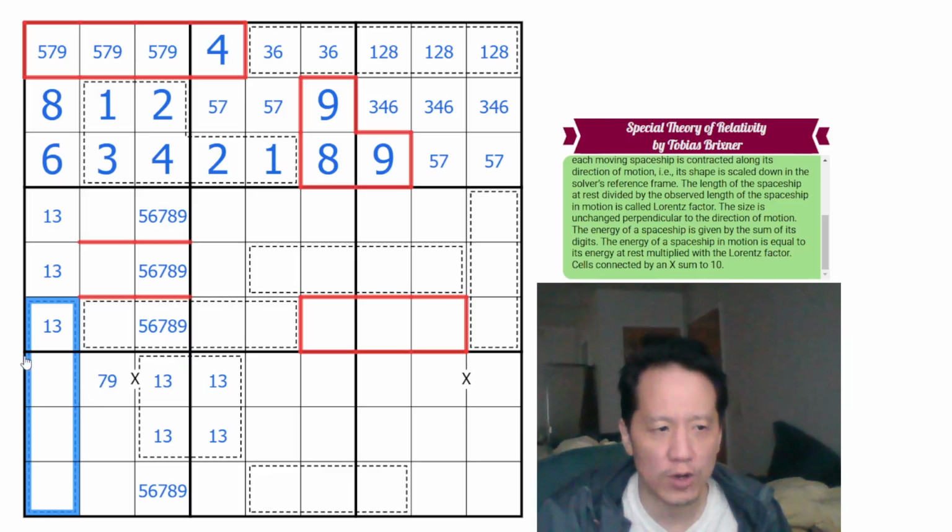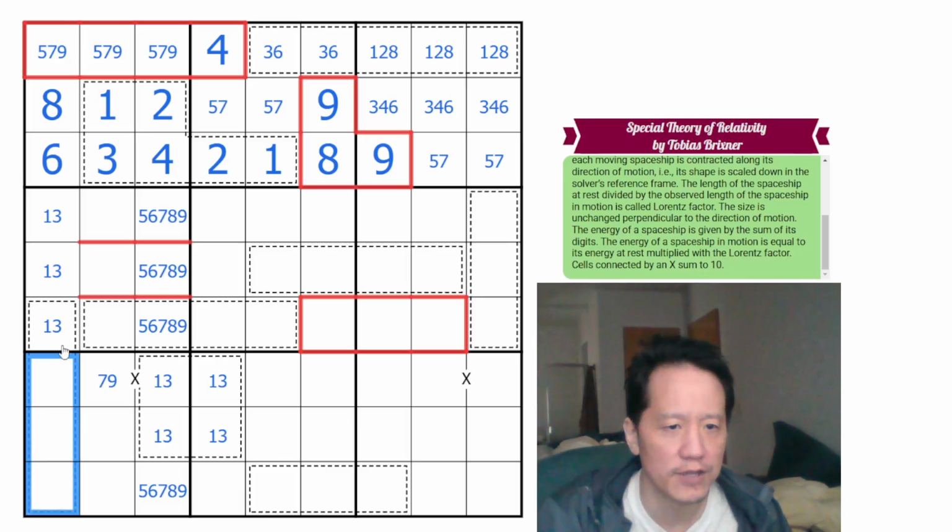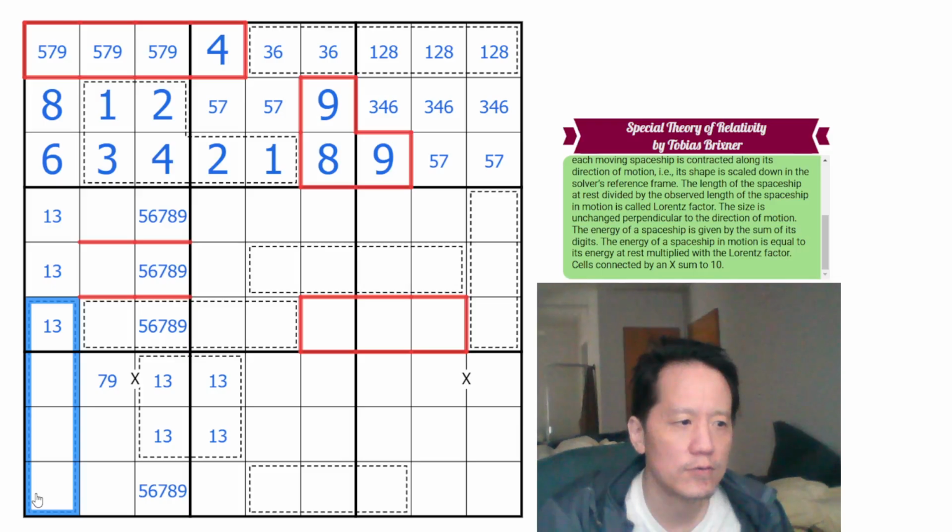What if you have 12? It would specifically have to be 1, 2, 4, 5, because you cannot have a 1 and a 3 in this cage together. You can only have 1 or 3. So this would be 1, 2, 4, 5.